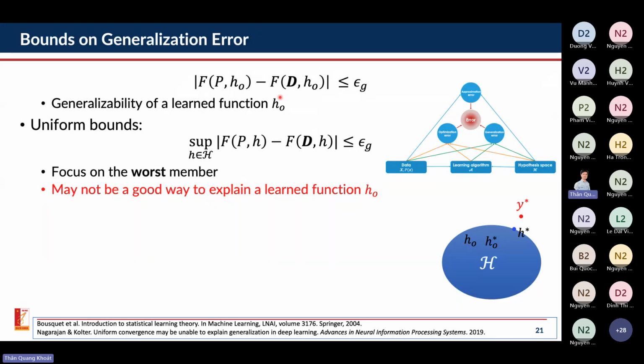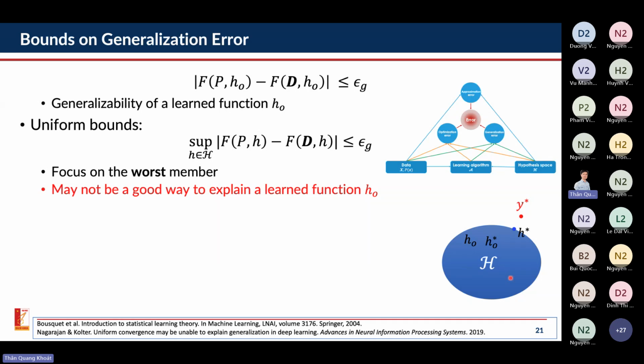And one direction is we can consider the worst member in the architecture, okay, in the family. In that case, essentially, we try to estimate the supremum of this difference. If this supremum is small, it means that every member in our family should be good, right? Should generalize well.